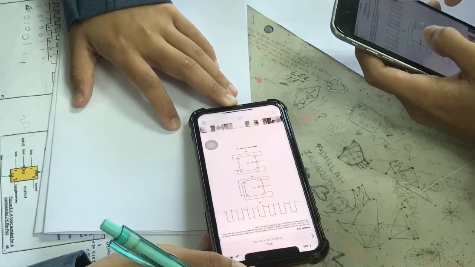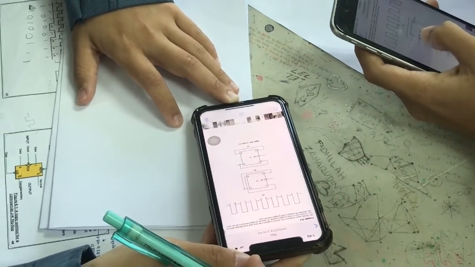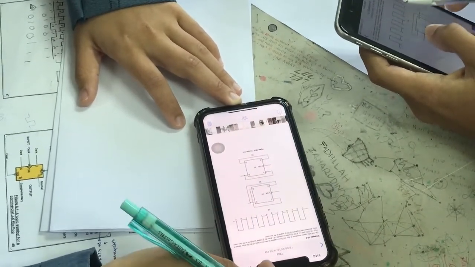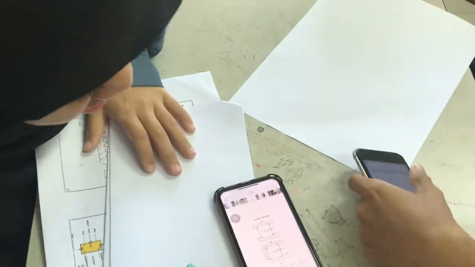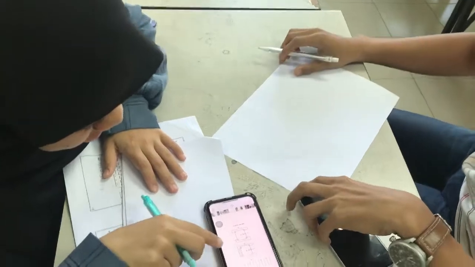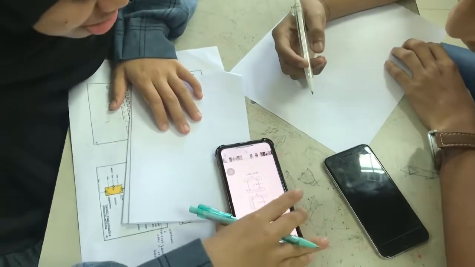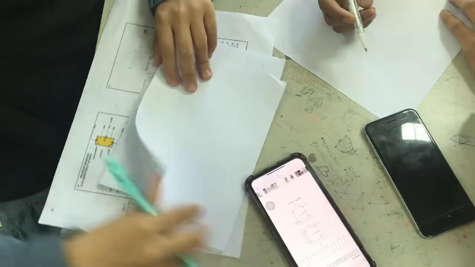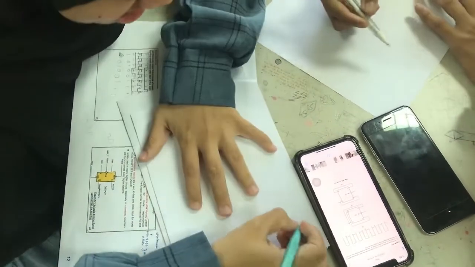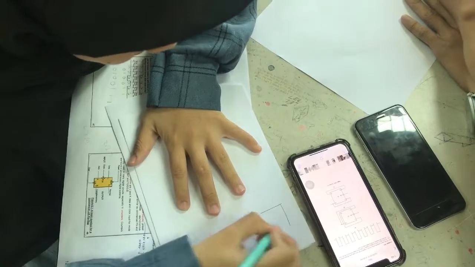It wants us to draw the Q output waveform for both cases and also determine the frequency of the Q output. Okay, now we have two cases, B and C. I will teach you how to do the first case first.